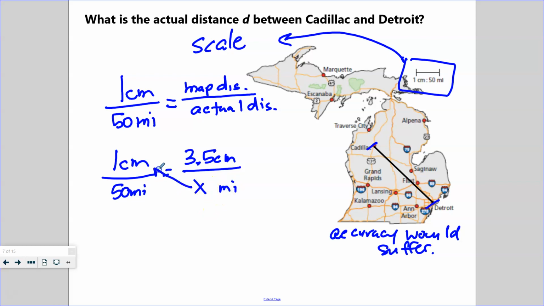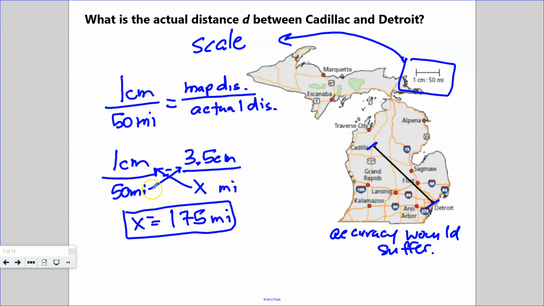And so you might wonder why we were doing that type of warm-up this morning. This is the reason, because we're going to be practicing proportions. So we have 1x, right? And so we have 50 times 3.5, and we have 175. So we have x equals 175 miles. Where did 175 come from?